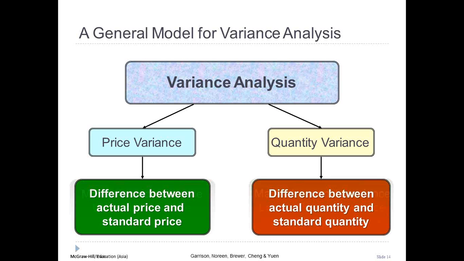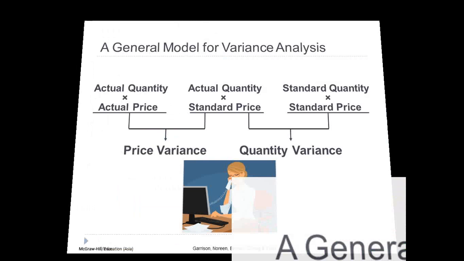Price and quantity variances can be computed for all three variable cost elements: direct materials, direct labor, and variable manufacturing overhead, even though the variances have different names as shown. Although price and quantity variances are known by different names, they are computed exactly the same way as shown here for direct materials, direct labor, and variable manufacturing overhead.